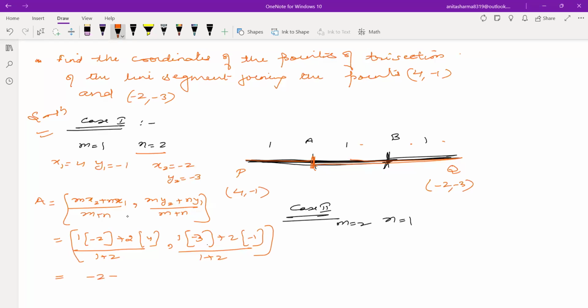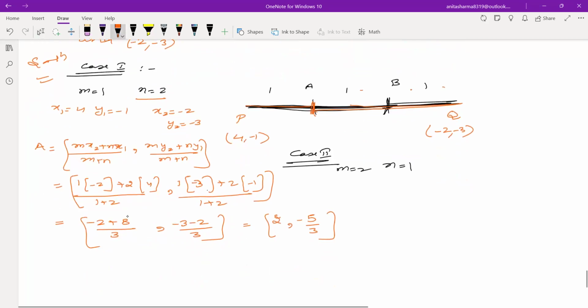So minus 2 plus 4 twos are 8 divided by 3, comma, minus 3 minus 2 divided by 3. So 8 minus 2 is 6 by 3. So it will be 2, beta, comma, minus 5 by 3. Right? Understood, children? Yes, ma'am.